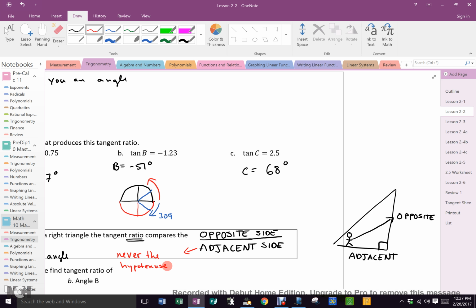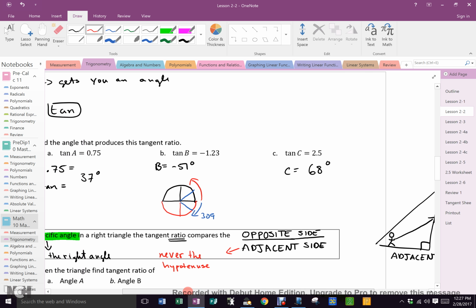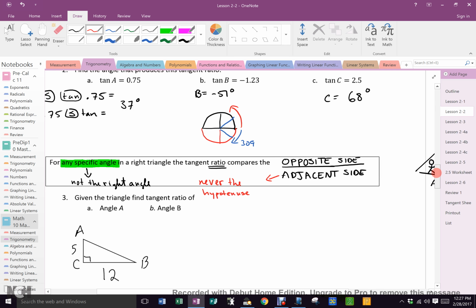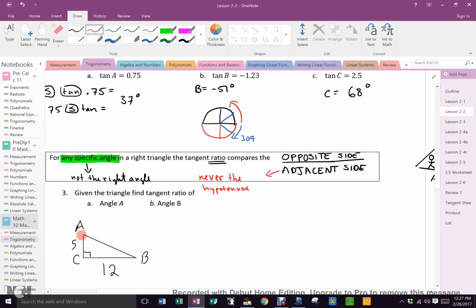All right, we are now going to see if you really get it. Here's a triangle, yes? Everybody with me? Okay. I want you to tell me the tangent ratio of angle A. I'm going to do angle A in red.